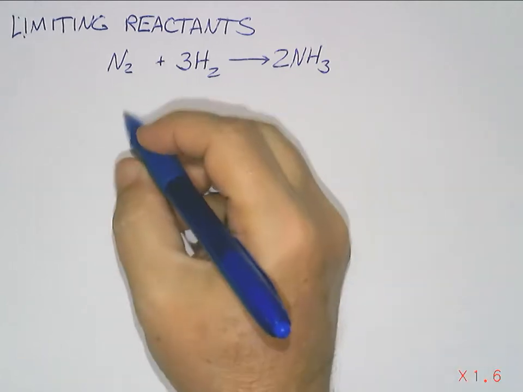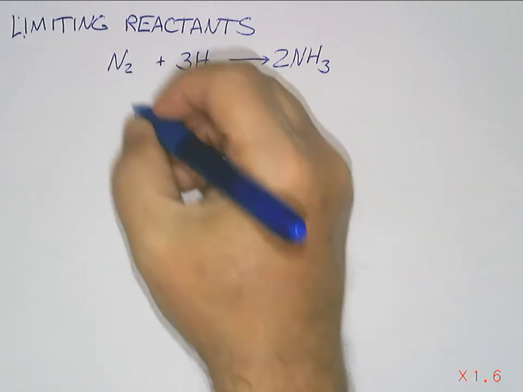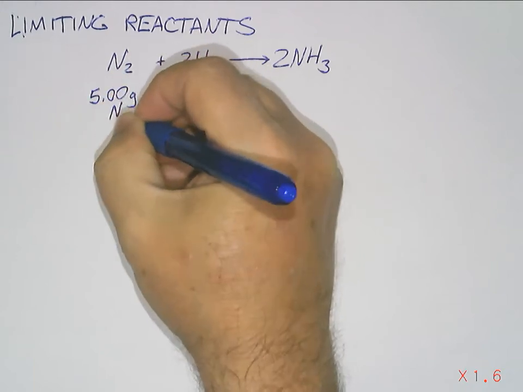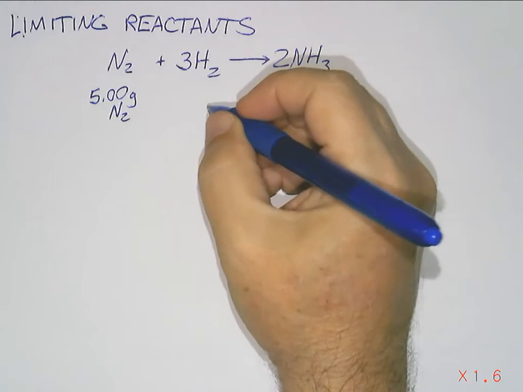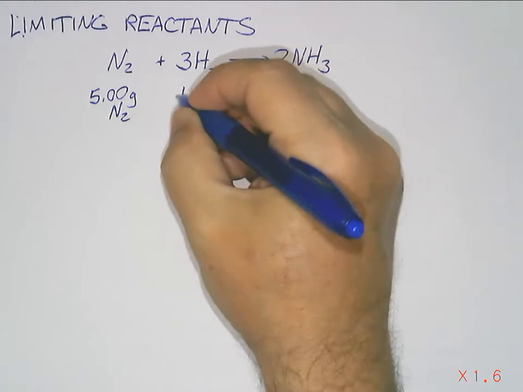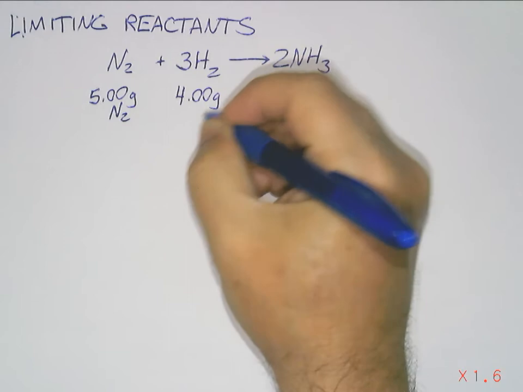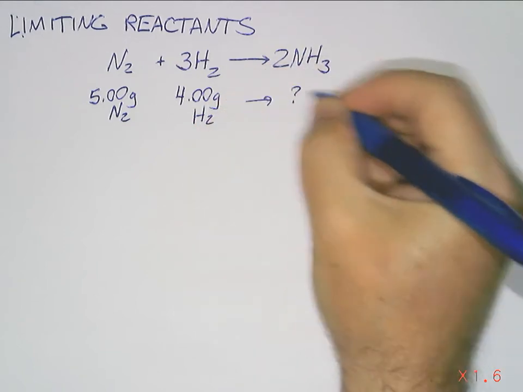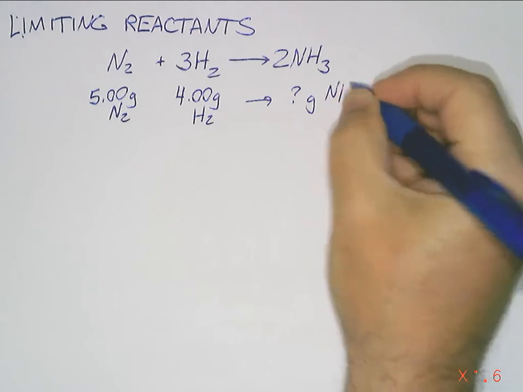All right, suppose we have 5 grams of N2 and 4 grams of H2. And we want to know how many grams of NH3 are going to be produced.